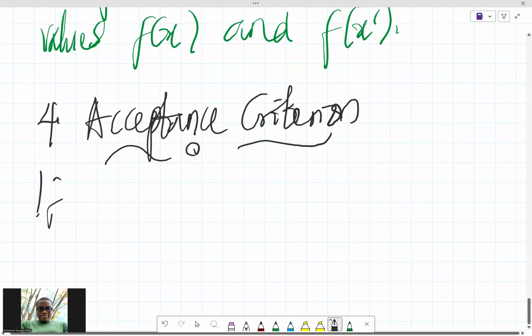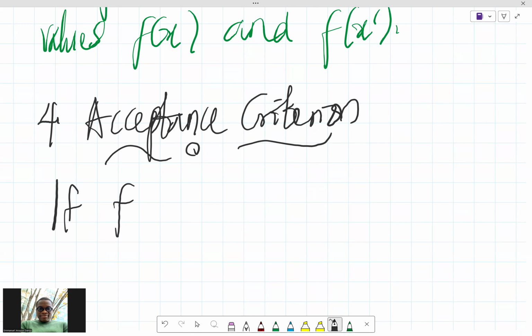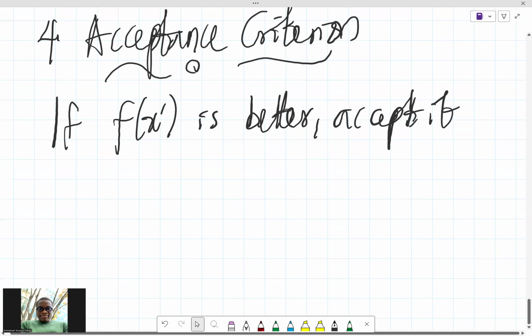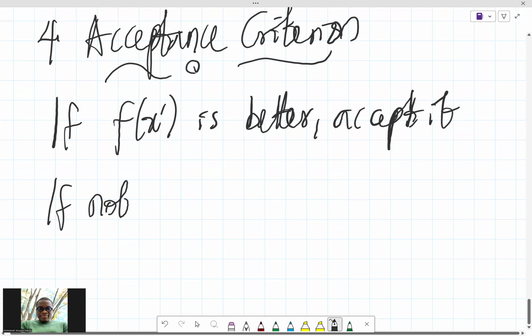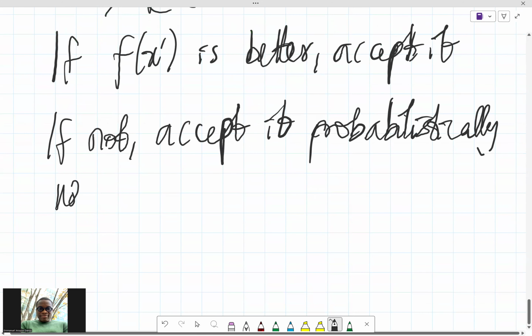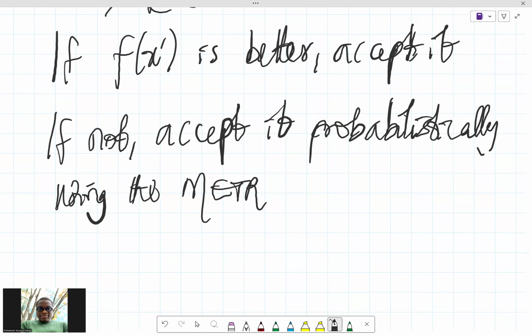You say if f of x prime is better, you accept it. If not, we said it is probabilistic, right? So you accept probabilistically, using the Metropolis criterion.